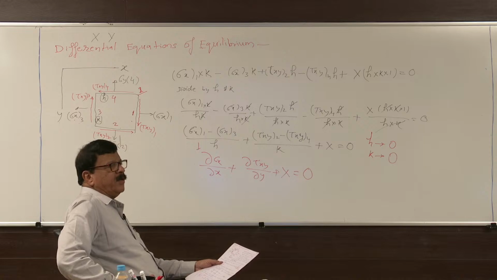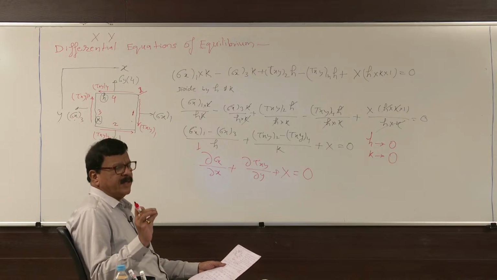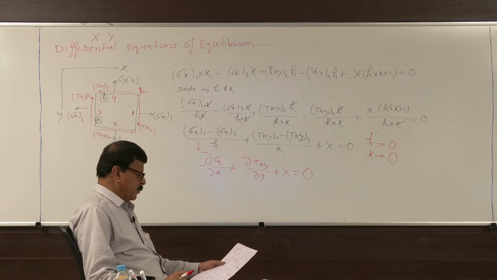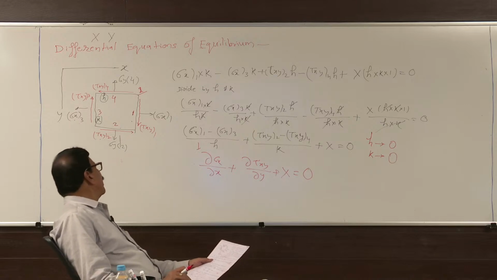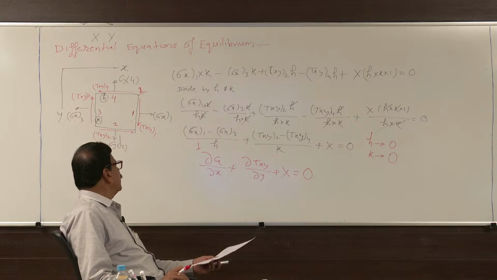It is not 0, h and k tend to 0, very near to 0, so the difference quantity becomes the delta, the derivative.